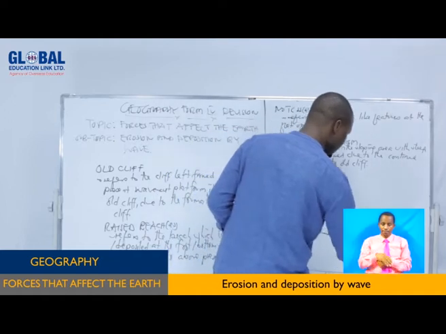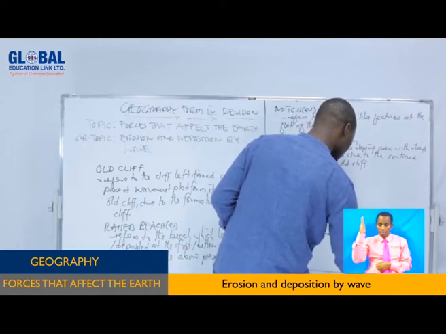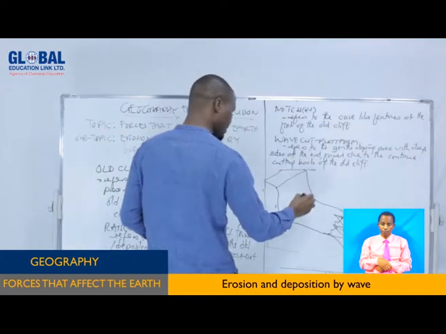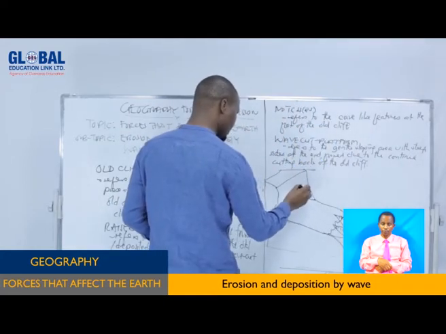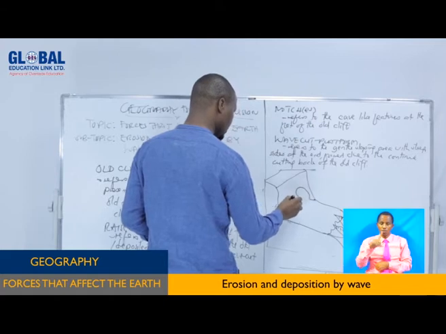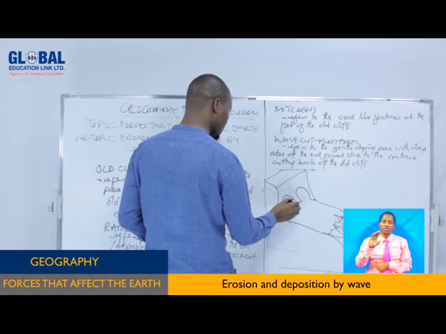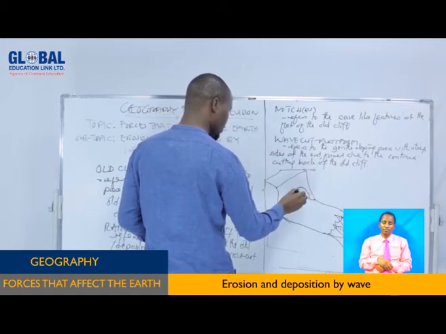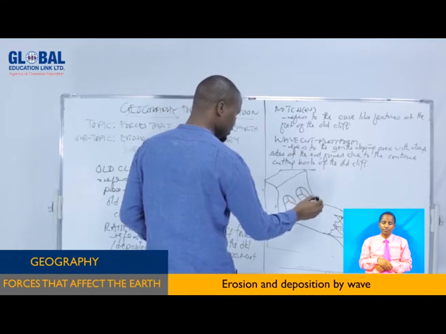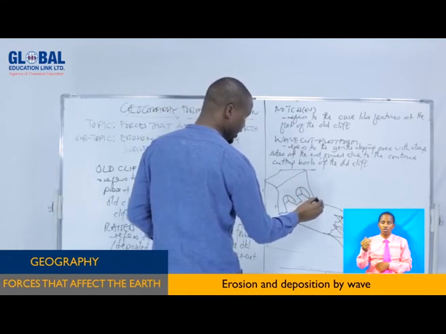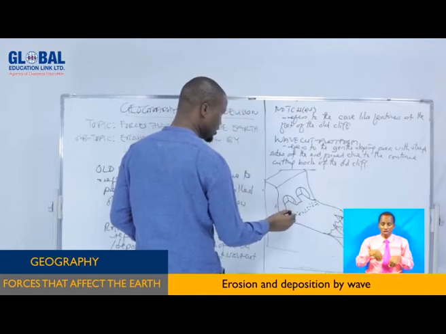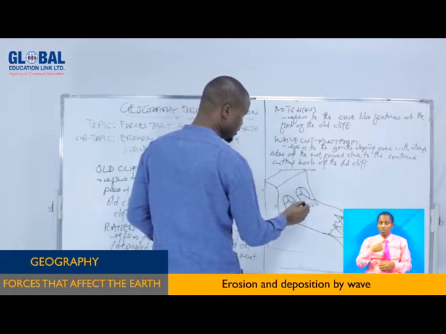This is the sea. Then right here we have what we call notches, deep notches. Then right here we have the deposited sand on top of the wave cut platform, and we call it the raised beach. The deposited sand right here.